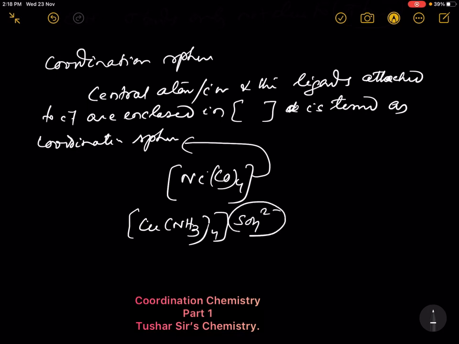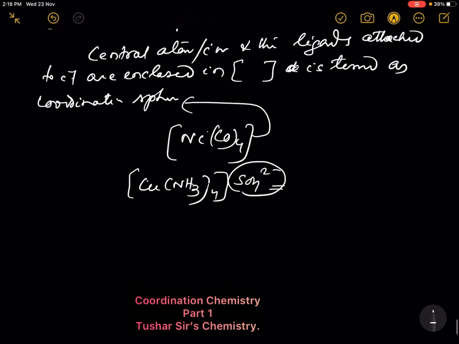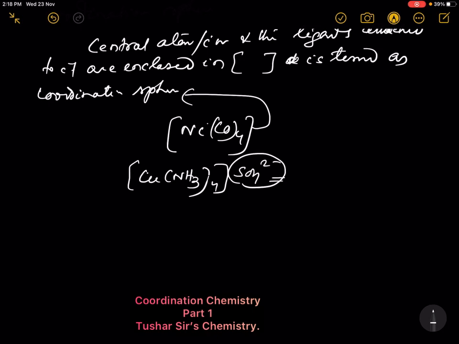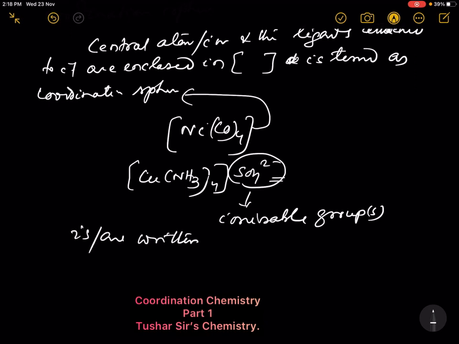Ionizable groups written outside the square bracket are called counter ions.